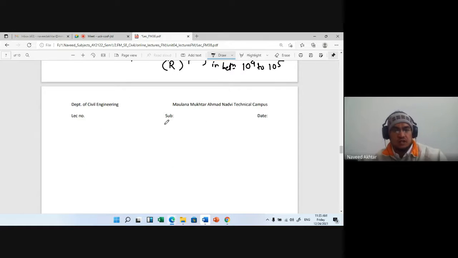So that is more than 2000 Reynolds number, which means it is nothing but the turbulent flow.